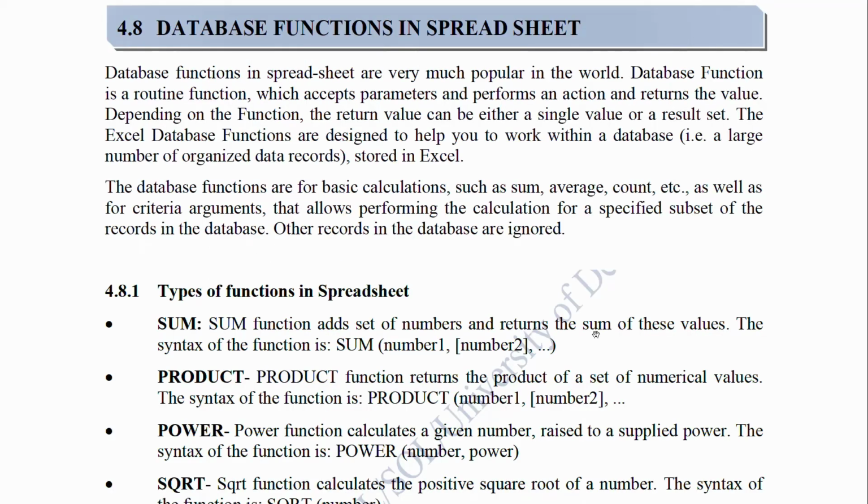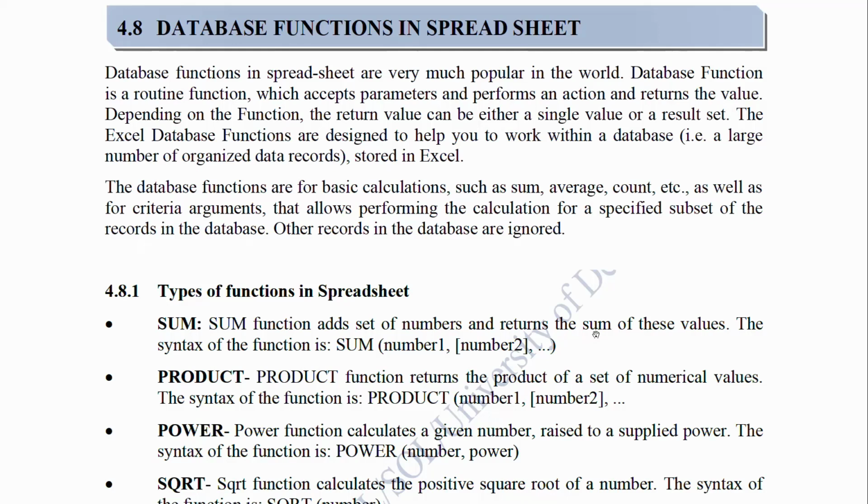4.8 Database functions in spreadsheet. Database functions in spreadsheet are very much popular in the world. A database function is a routine function which accepts parameters, performs an action and returns the value. Depending on the function, the return value can be either a single value or a result set.